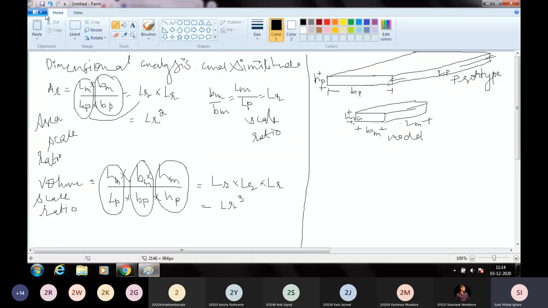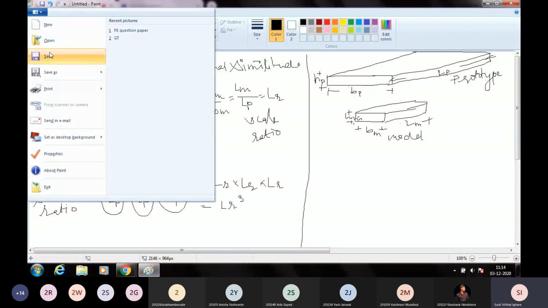So just remember that geometrical is for the dimension purpose, kinematic similarity is for the velocity and acceleration purpose, and dynamic similarity is for force. If I have to write the force terms, then only I'm going dynamic. We just revise, then we'll move to the next topic.